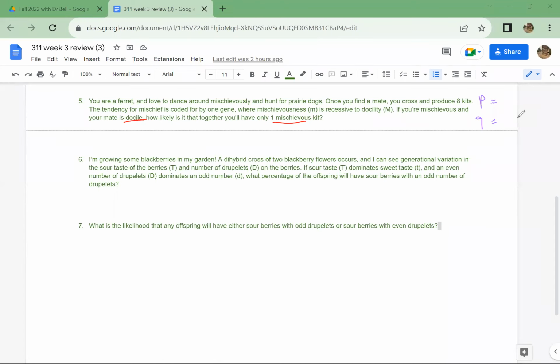How do we do that? Obviously, we're going to look at a monohybrid cross. We talked about our alleles, and we even mentioned the cross. So you are a mischievous little ferret, and we know that mischievousness is recessive. So in order for you to be mischievous at all, you have to be homozygous recessive, because if you had at least one dominant docile allele, it would dominate your mischievous allele, and you would not express a mischievous phenotype.